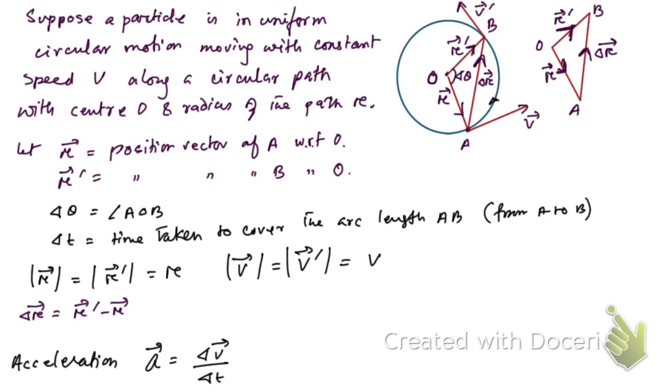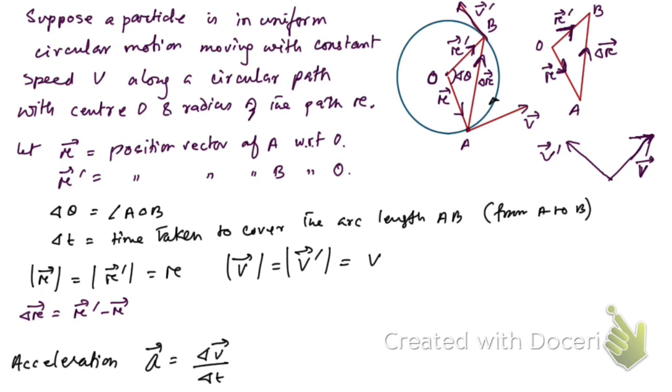So let me draw here, this is the v vector, that is the velocity, and this v dash vector is also shifted to this position like this, okay, without changing the direction. So that is suppose v dash vector.